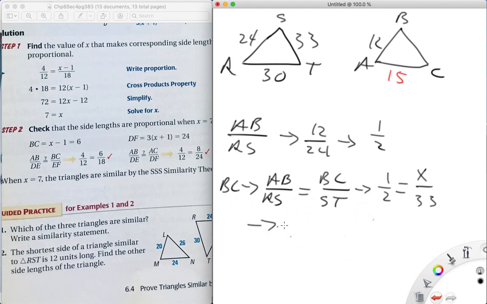So then that would be 2x equals 33. 33 divided by 2 is 16.5.